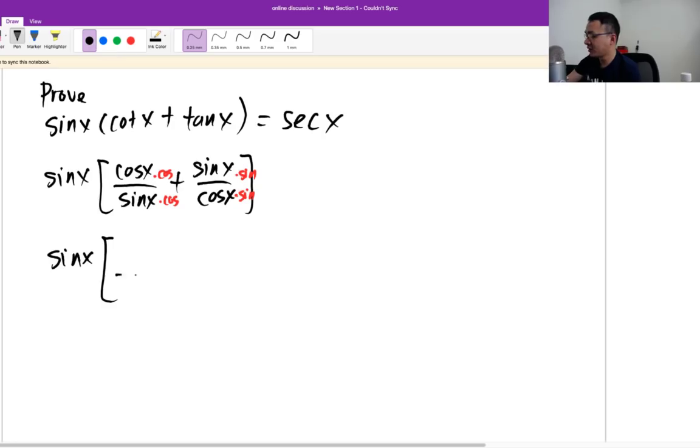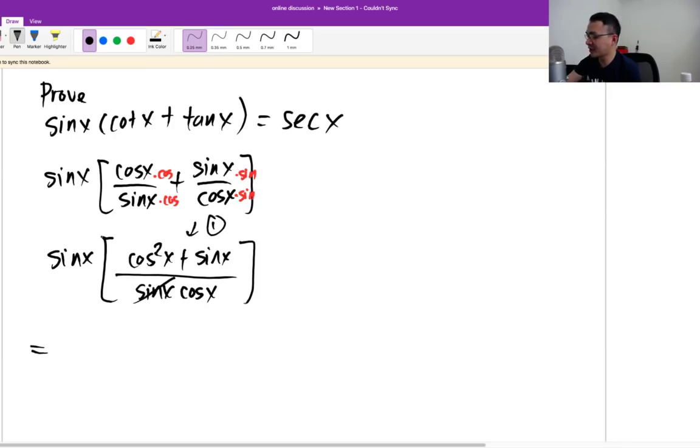So I will have sine x cos x, and on top is cos squared x plus sine squared x. Sine squared plus cos squared equals 1, right? This will equal 1 here. So sine and sine, you simplify, 1 over cos x. So you get secant x.